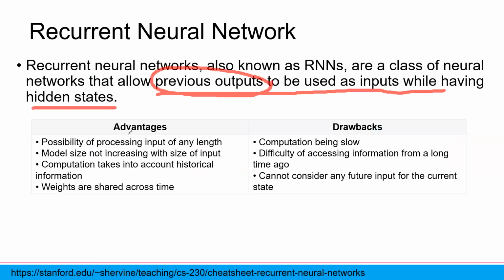The advantages: we can see that there is a possibility of processing input of any length. Any length means if your data has some length, it doesn't matter about the length. Maybe the length is 5, or 10, or 20, it doesn't matter. And the model size does not increase with the size of the input. So this is the advantage.